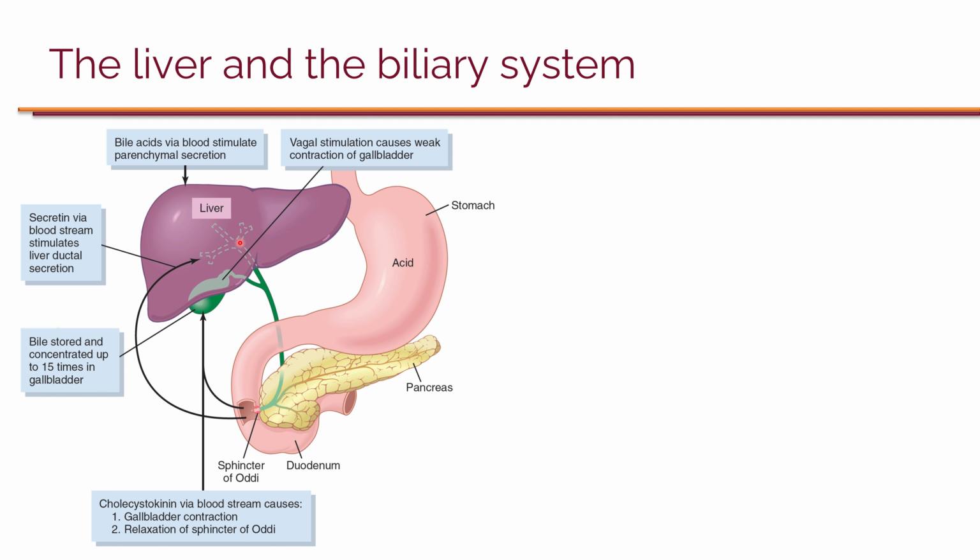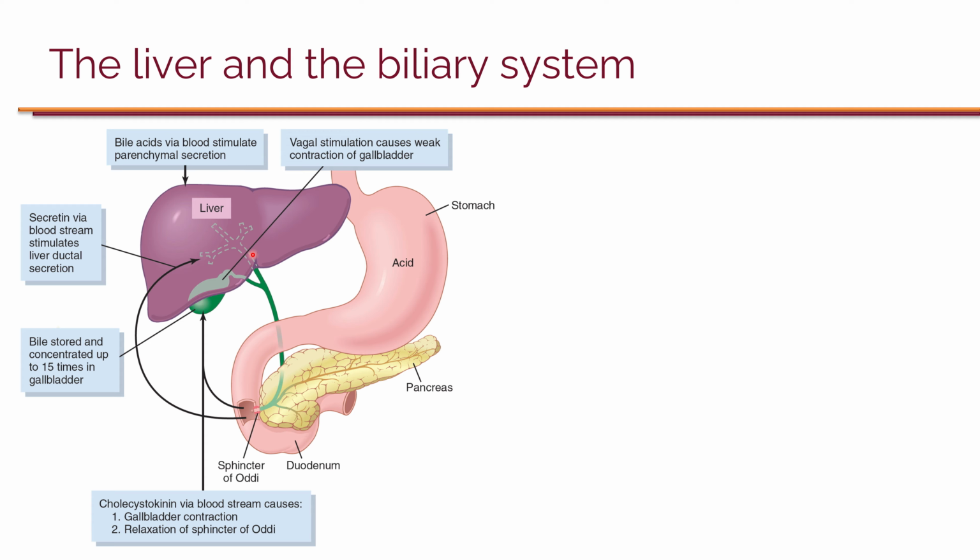So bile acids are essentially made in the liver. I should say that essentially the liver makes the bile, and the bile includes bile acids. So essentially what's secreted is the bile. And bile acid in the bile helps emulsify the large fat particles of the food into many minute particles, and that makes it easier to digest.